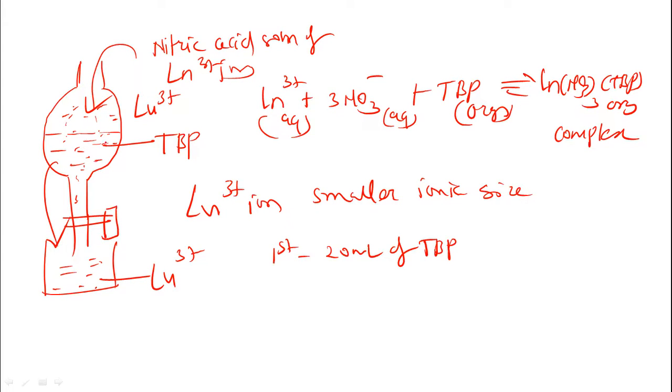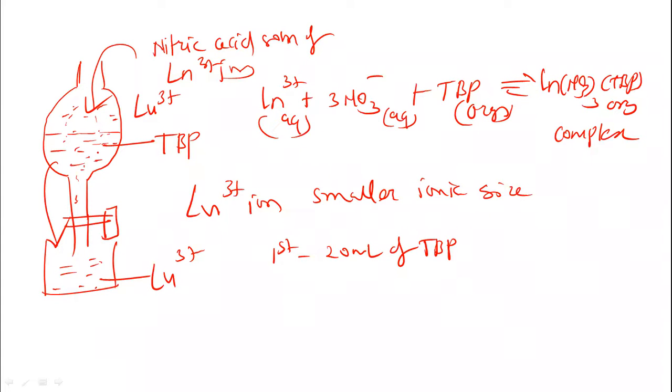Which lanthanide is extracted here? The lutetium tripositive ion, because it has the smaller ionic size. So it is going to form the complex. So this complex will be formed here.